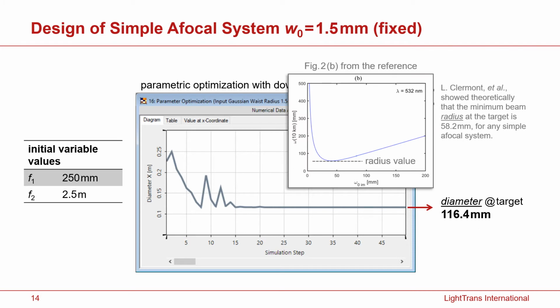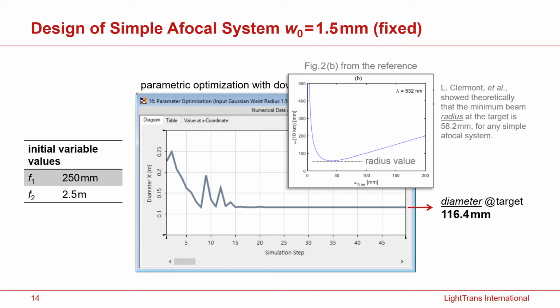So, is this the truth? We compare the result with the theoretical analysis from Mr. Clement, and he has shown that theoretically the minimum beam radius at the target is 58.2 millimeter. This can be shown for any simple afocal system. Just compare our result with theirs.